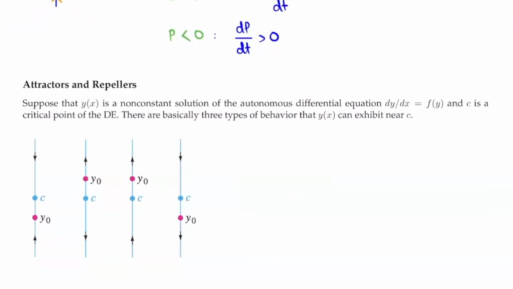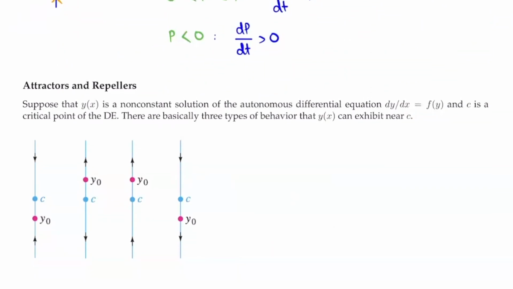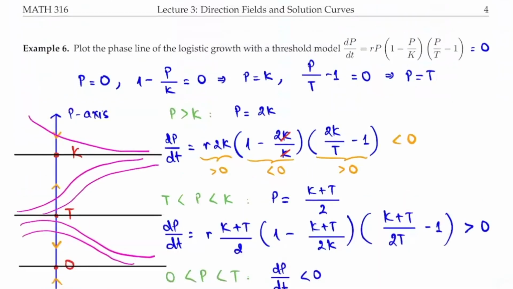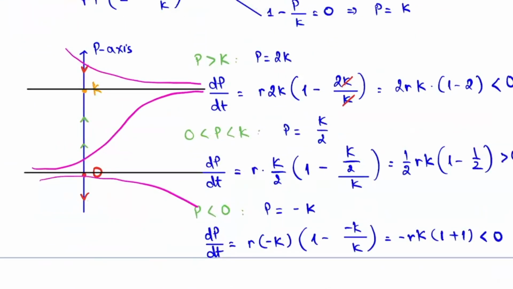I'll explain the fourth later, but there's only three attractors and repellers that you need to care about. And this is kind of classifying the equilibrium points that we have. So in this case, you have the equilibrium point where all the arrows are pointing into that particular point. If you consider this equilibrium point, you see that the arrows are pointing away from that equilibrium point. Okay.